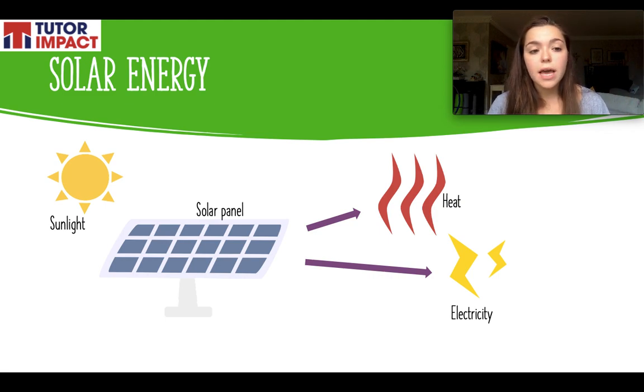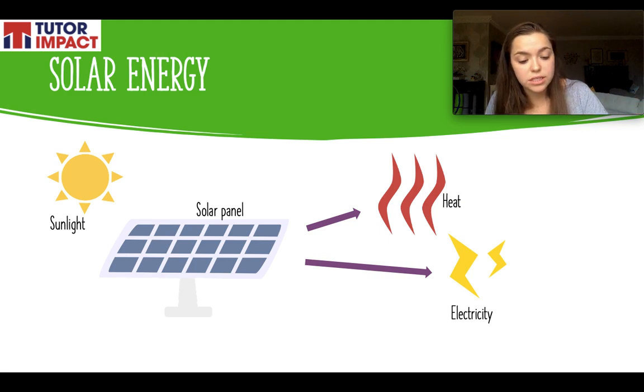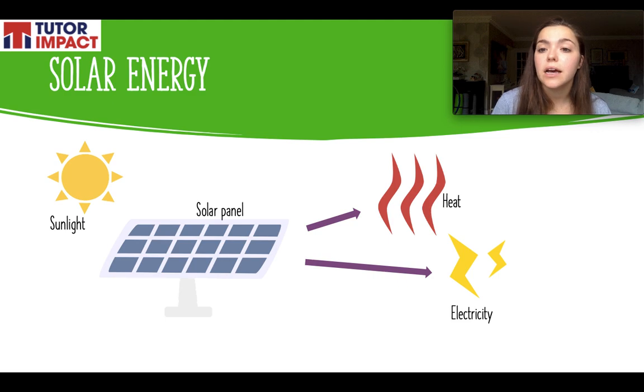The other thing we can create by solar energy is electricity. So solar panels called photovoltaic cells are used to turn sunlight directly into electricity. They use that element silicon, which we've already spoken about. A great thing about these is that you might have seen in some buildings, they can be put on the roof of buildings and they don't even need to take up any extra space.